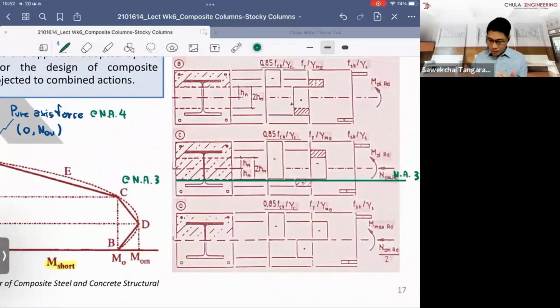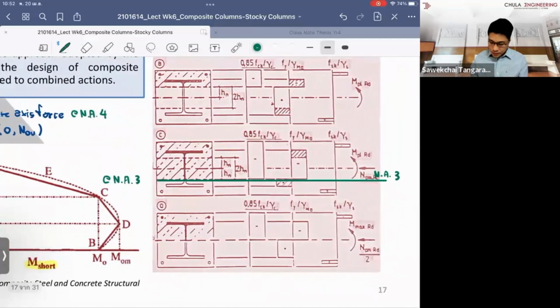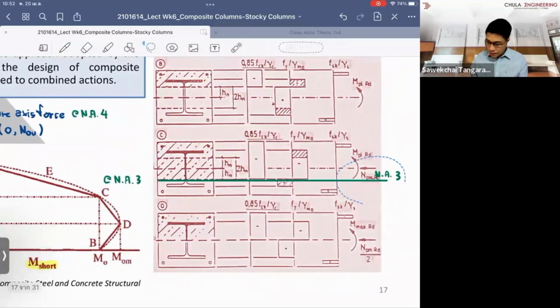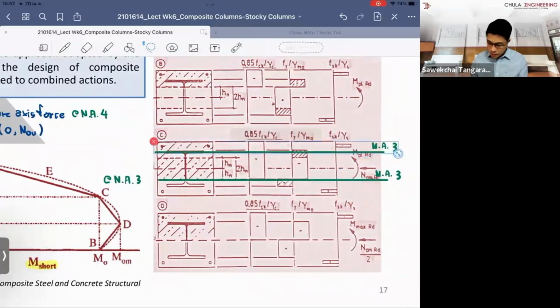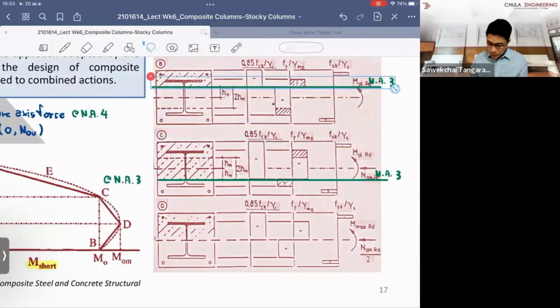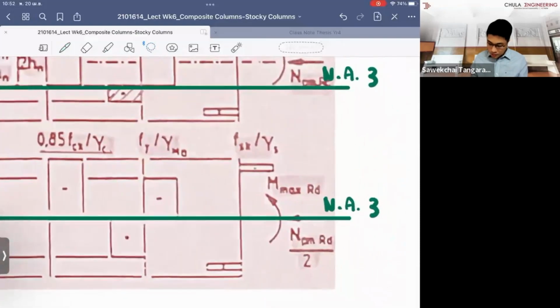And we keep raising up, so we get point number 2, which is the one here, not here, which is right at the plastic centroid.